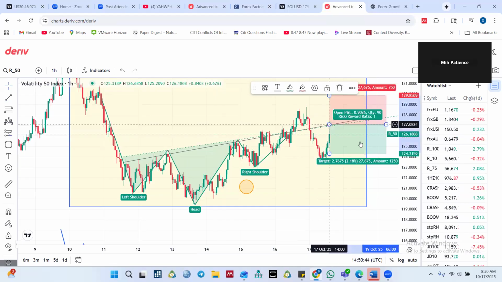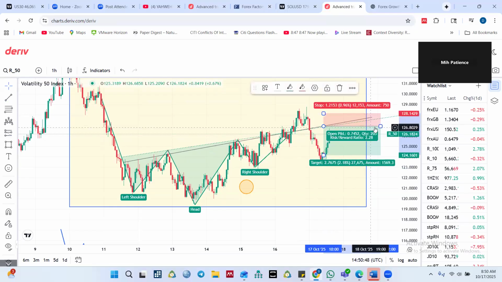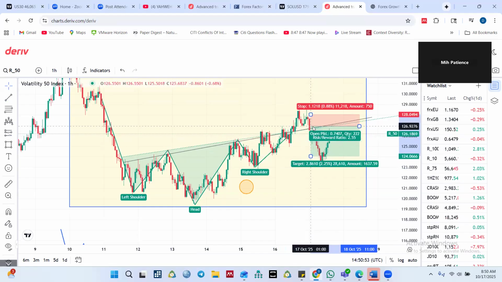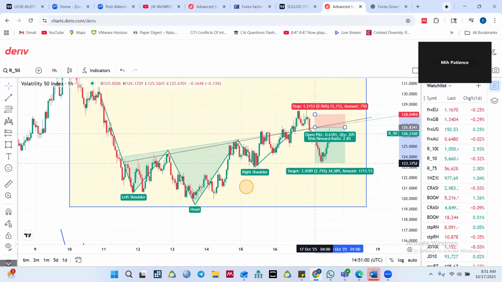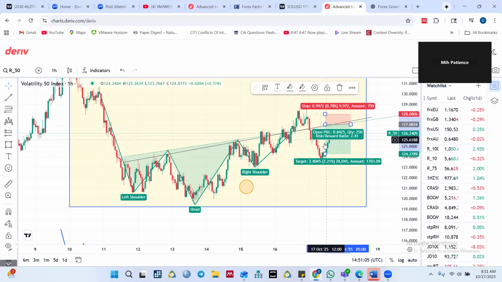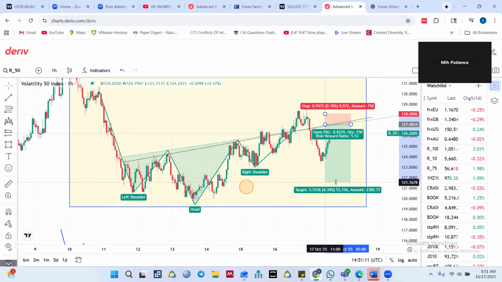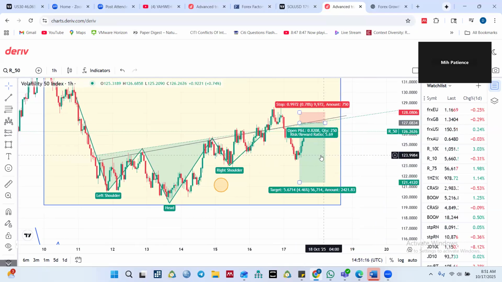So either we will sell here, our stop loss will be a little above here. We will sell here, targeting either this low or probably the next area here for a short-term trade.